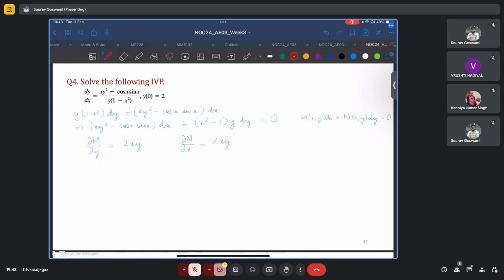And so we observe that ∂M/∂y is equal to ∂N/∂x, which means that the differential equation for this initial value problem is exact.